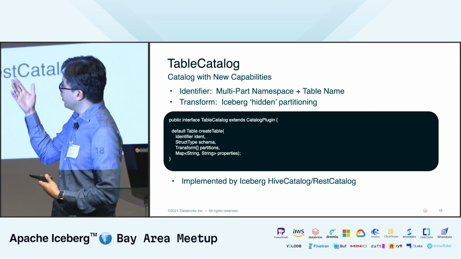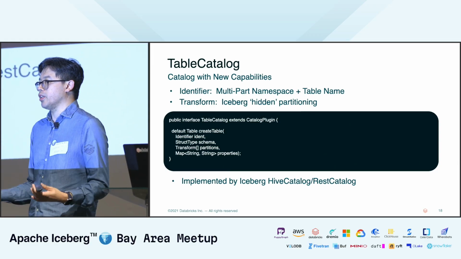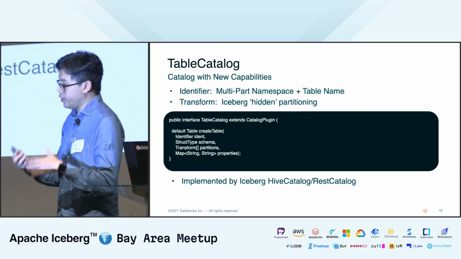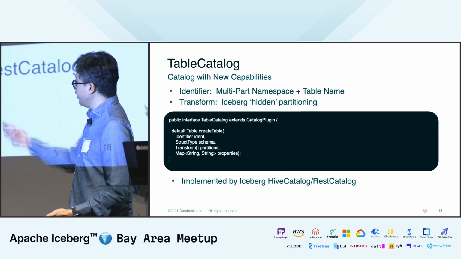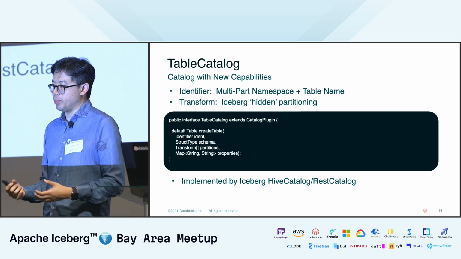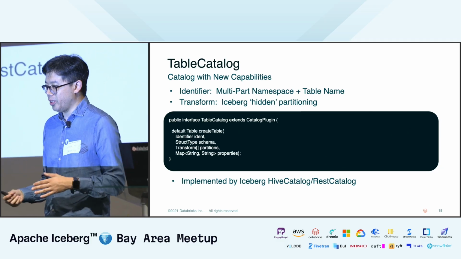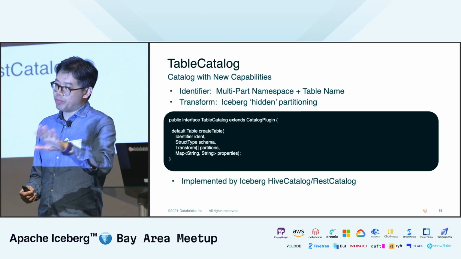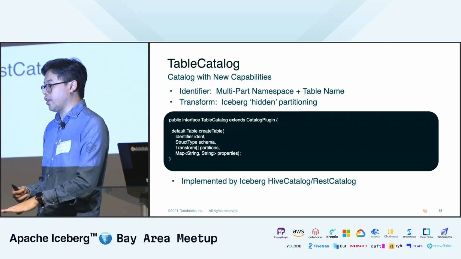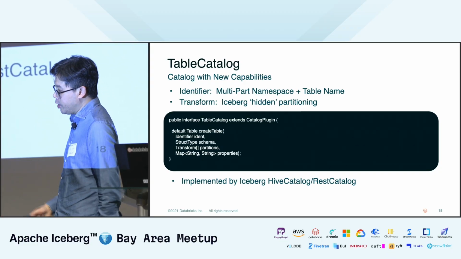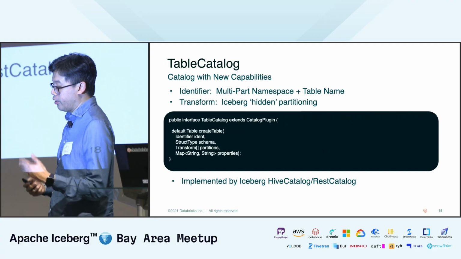And then partition transforms, which is an Iceberg concept, hidden partitioning. Now the API supports that. And then Iceberg can have different implementations. The story of the Iceberg catalog started from the Iceberg Hive catalog and is moving to the REST catalog, and now each of them can implement this Spark catalog interface.